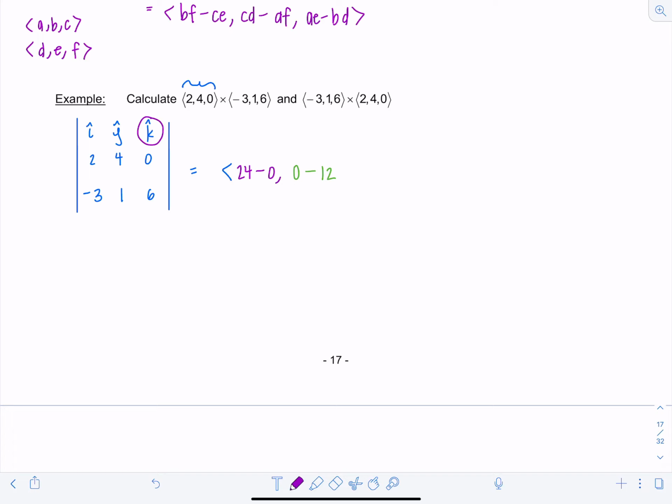So this is going to give us our third component. Cross out that column and row. And the determinant of the 2 by 2 matrix that's left over is going to be 2 minus negative 12. So 2 plus 12. All right. And then we're left with 24, negative 12, and 14.